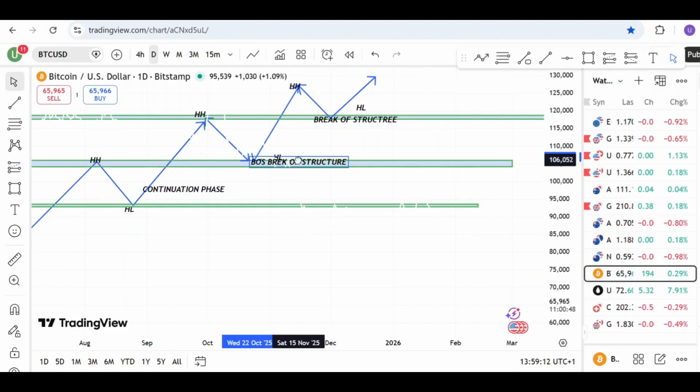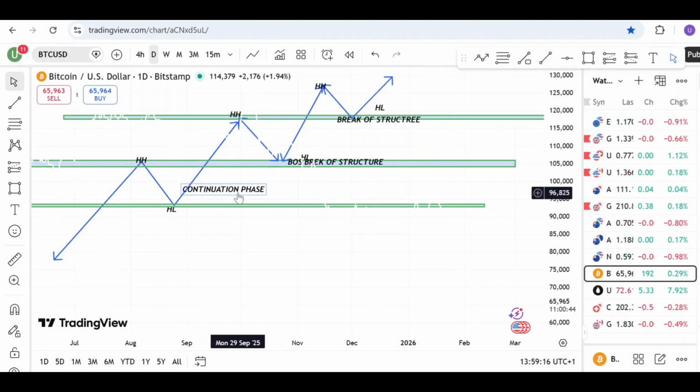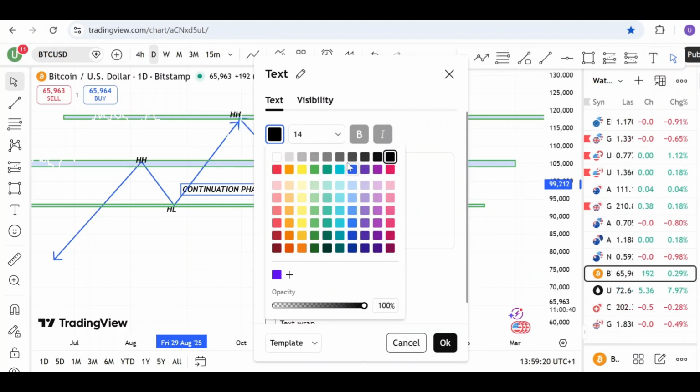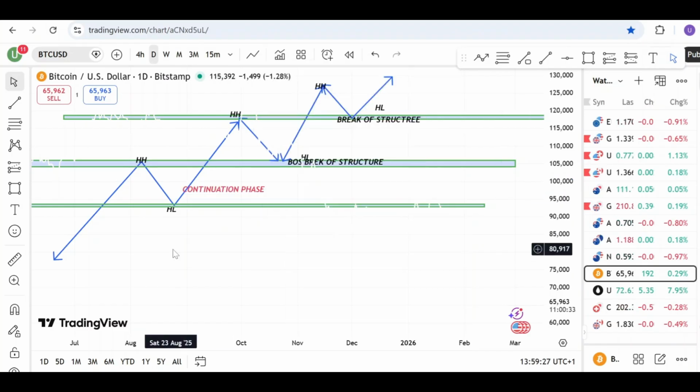This is break of structure. Can I change the color of this? Which color can I use in order to make it a little bit different? Okay, red color is better. Okay, cool. Let me make it red.